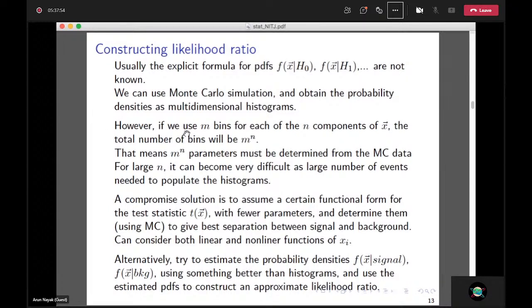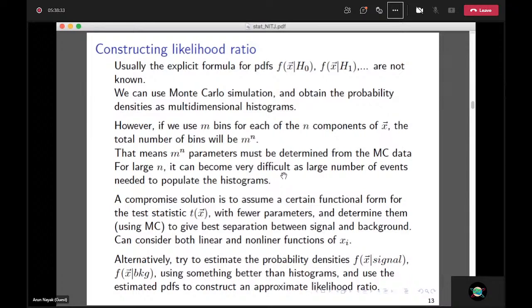But if we have, say, m bins for each of the n components of x, then the total number of bins is m to the power n. So you need sufficient data points to populate the histogram for this number of bins, and sometimes it becomes difficult to populate such histograms.